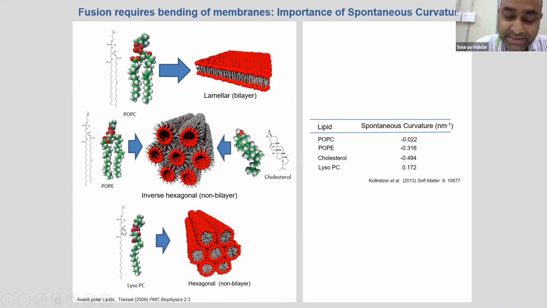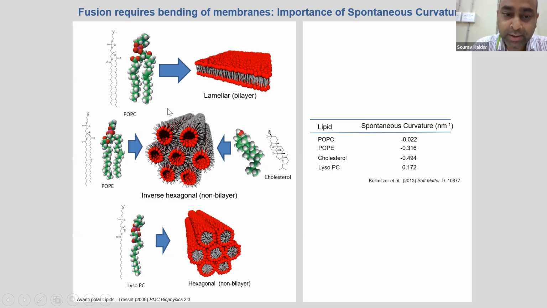So the lysoPC, on the other hand, instead of inverse hexagonal phase, will form what is called a hexagonal phase, or if you think of it as a micellar phase, if you take a cross section, this is nothing but a micelle, because now, because of the one tail in the lysoPC or lysophosphatidylcholine, it can be thought of as a cone molecule, which can now be very easily packed into a hexagonal fashion.